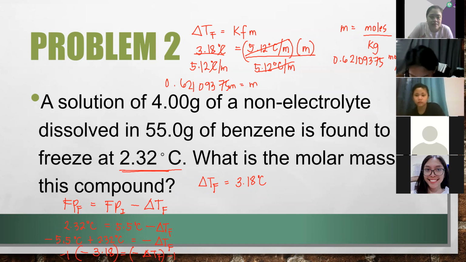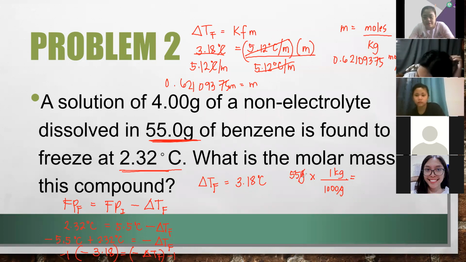And then the kilograms of the solvent, this is 55 grams. So we need to convert that first. 55 grams times sa isang kilogram, we have 1,000 grams. So cancel the grams. 55 divided by 1,000 is 0.055 kilograms.